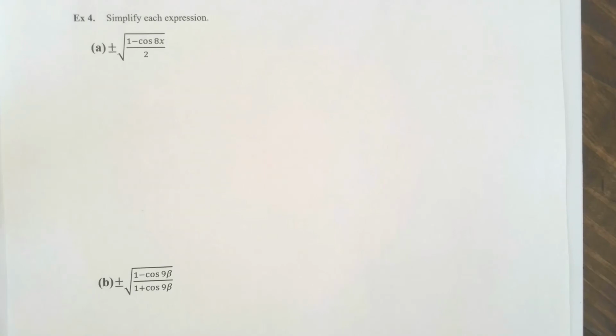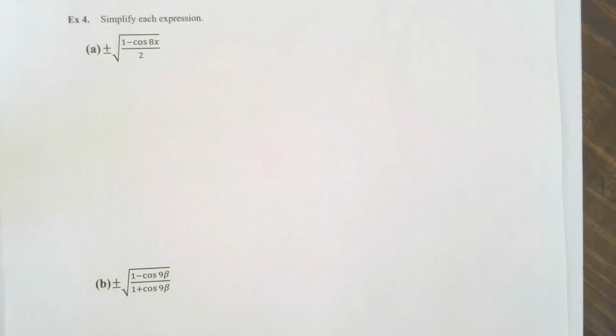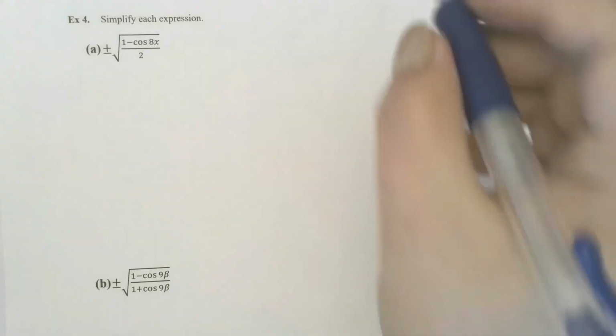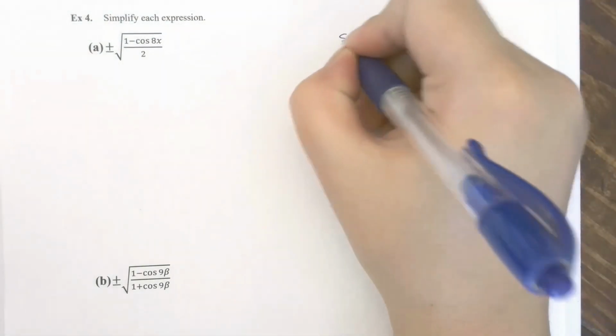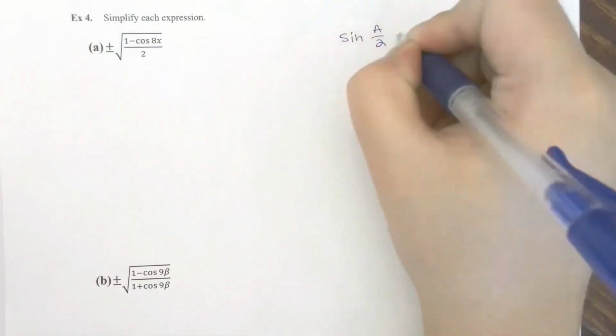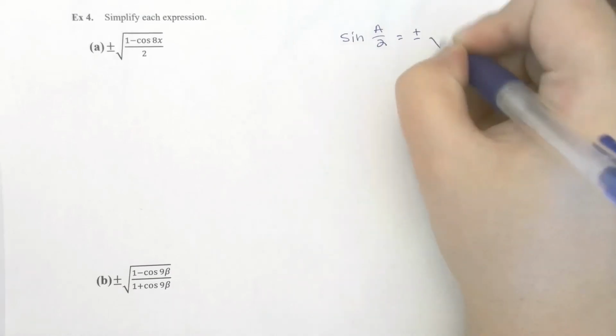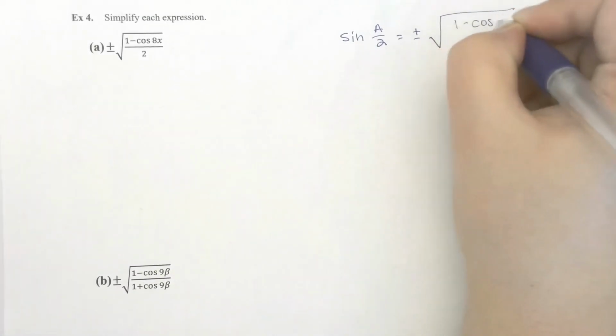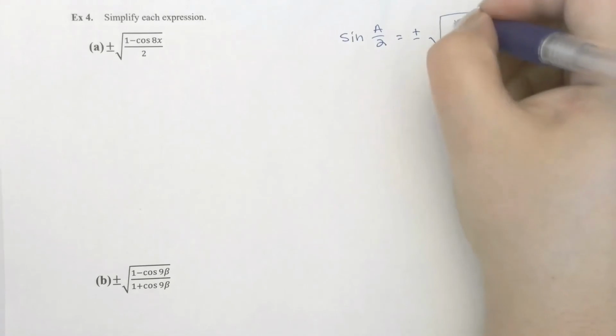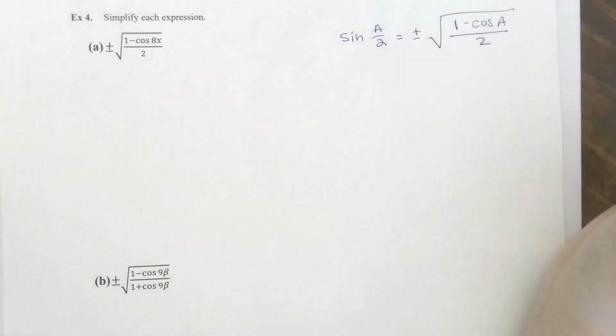Alright, example 4. So for A, we have plus or minus the square root of (1 minus cosine of 8x) over 2. The identity that this is using is sine of A over 2 equals plus or minus the square root of (1 minus cosine A) over 2.